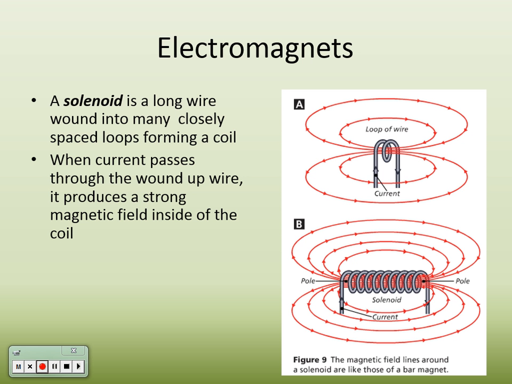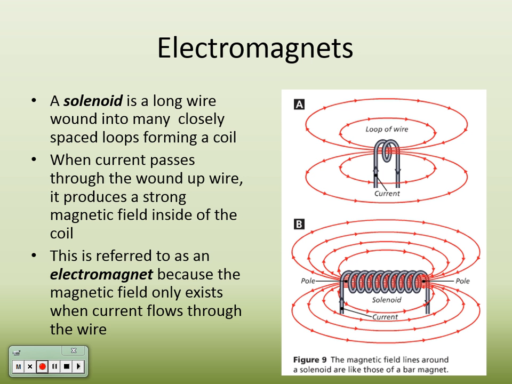But it's only magnetic when what happens? When does the magnetic field exist? Only if current is flowing. And that's why we refer to it as an electromagnet, because the magnetic field only exists when current is flowing.